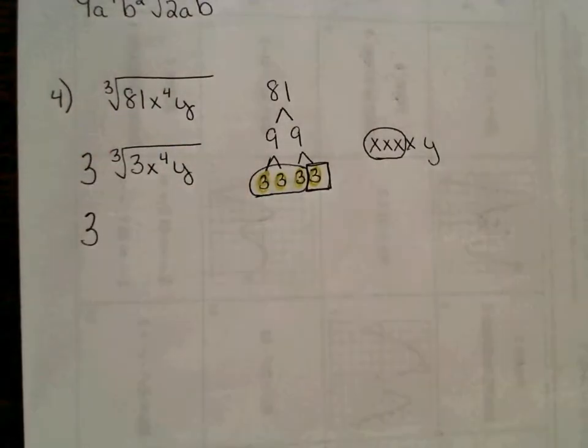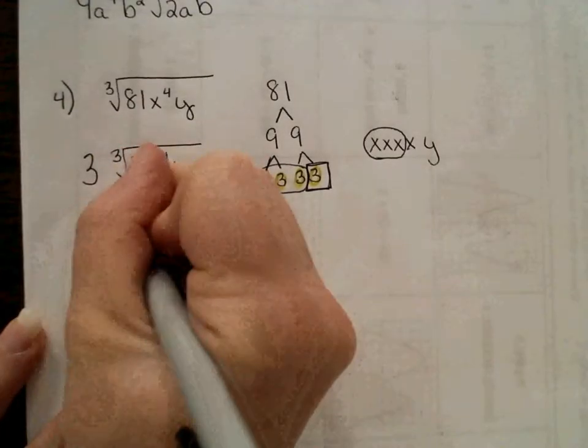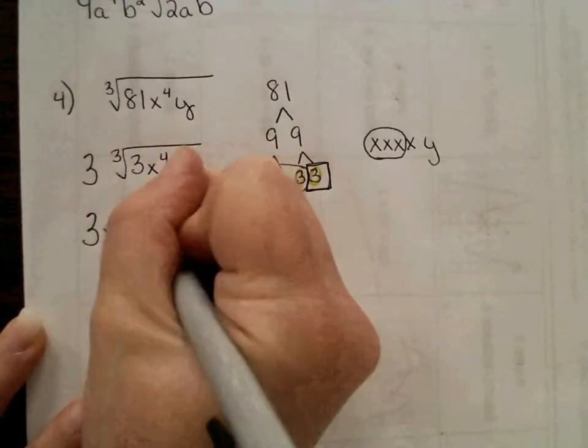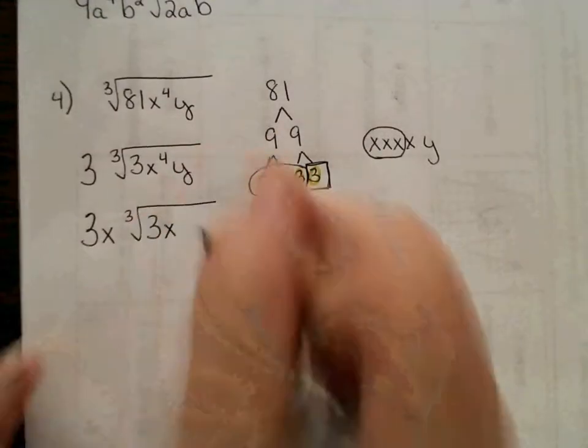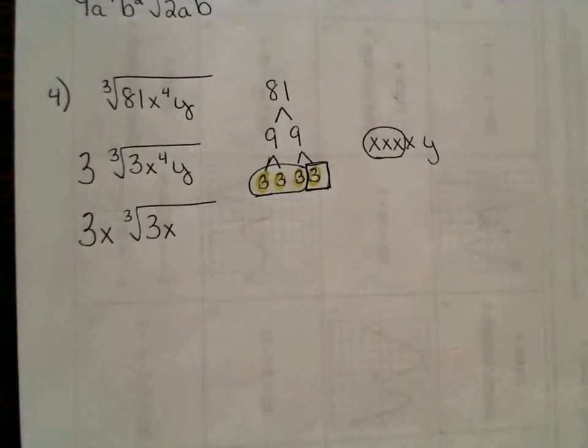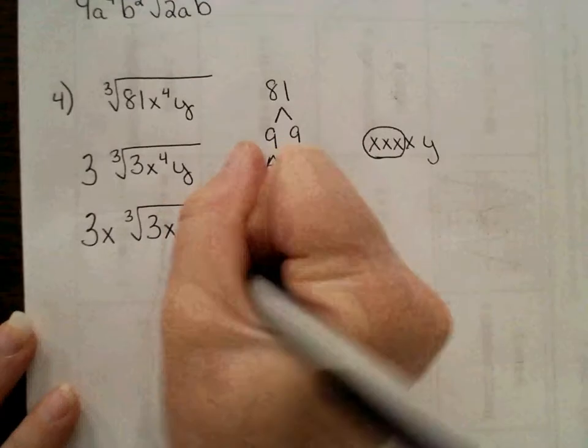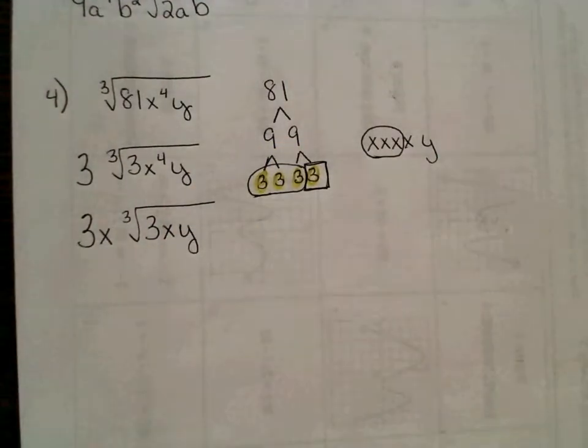What comes outside with my 3? 3x, the cube root of 3. Do I have any x's left? 1 x is left. And what do I do with this y? Put it under the radical, because you didn't have enough to make a grouping.